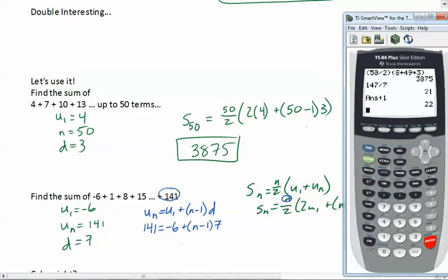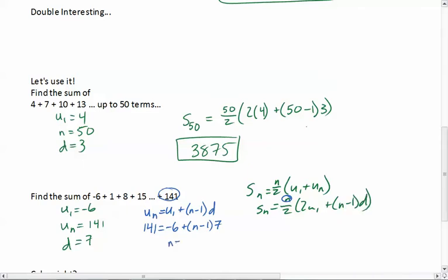And so we get n equals 22, which is nice because now that I know that n is 22, I can use either of these equations to find the sum. So I'll just go: sum of the first 22 terms equals 22 over 2 times the first term plus the last term.